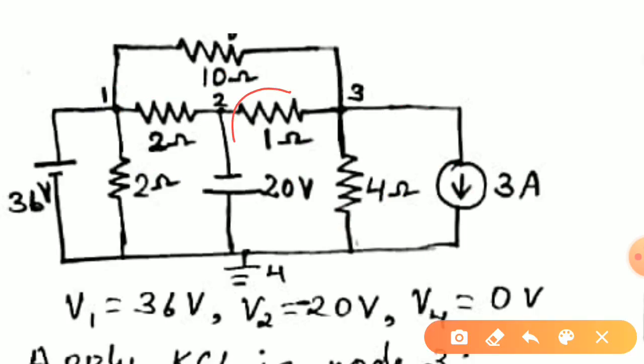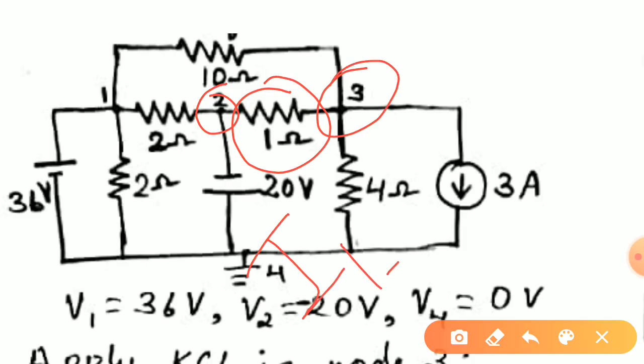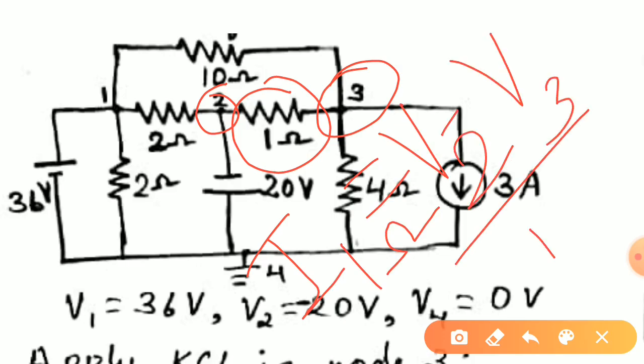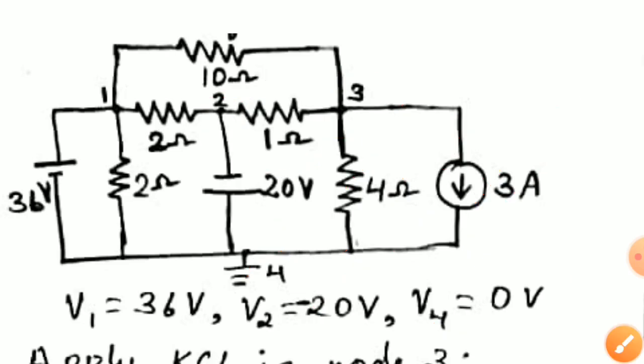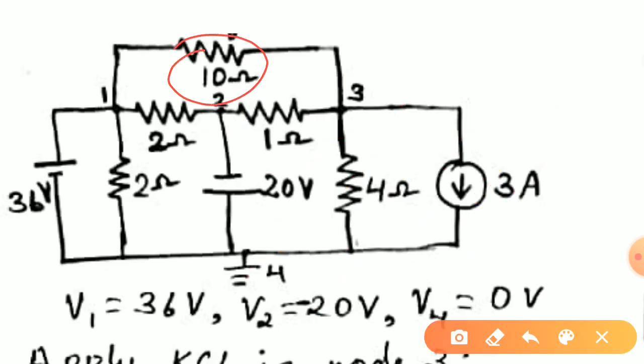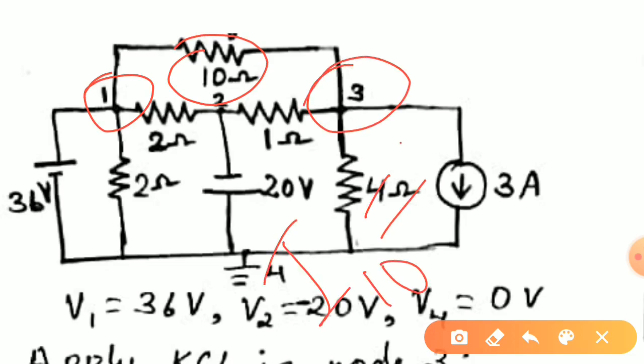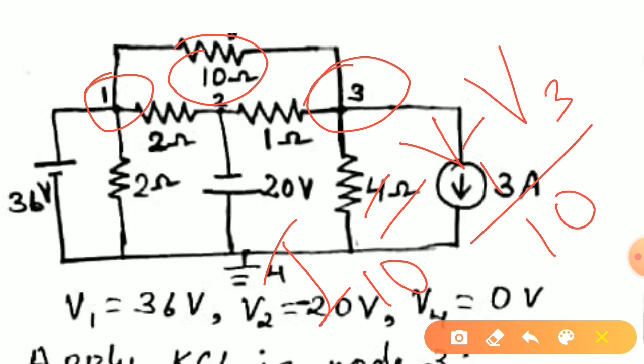When we talk about this 1 ohm resistor, which is connected between node 2 and node 3, we can obtain the current flowing through the 1 ohm resistor as V2 minus V3 or V3 minus V2 upon 1 ohm. The current flowing through this 10 ohm resistor, which is connected between node 1 and node 3, we can get as V1 minus V3 or V3 minus V1 upon 10 ohm.